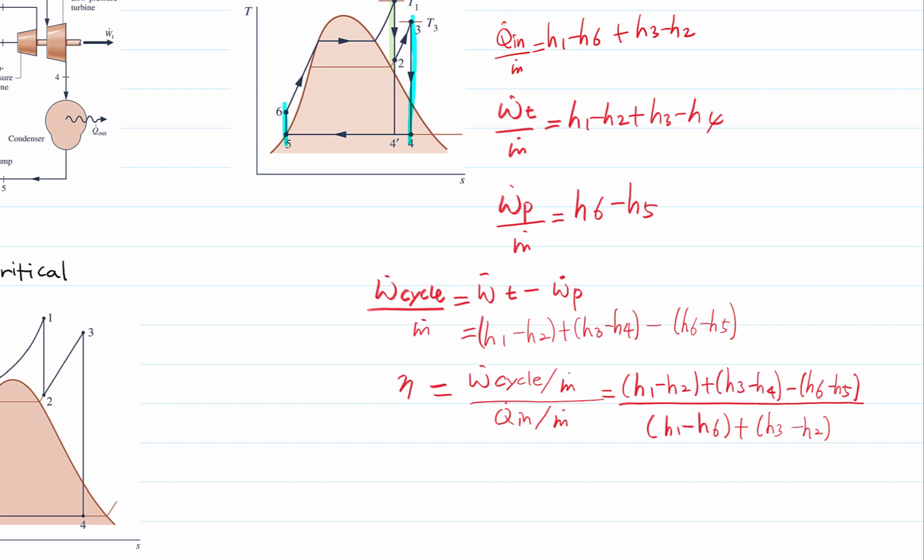And it's not going to have a significant increase in thermal efficiency. However, the real benefit of using a reheat process is that the moisture level in the working fluid becomes lower, which is desirable for the turbine, as the water droplets in the turbine may damage the blades.